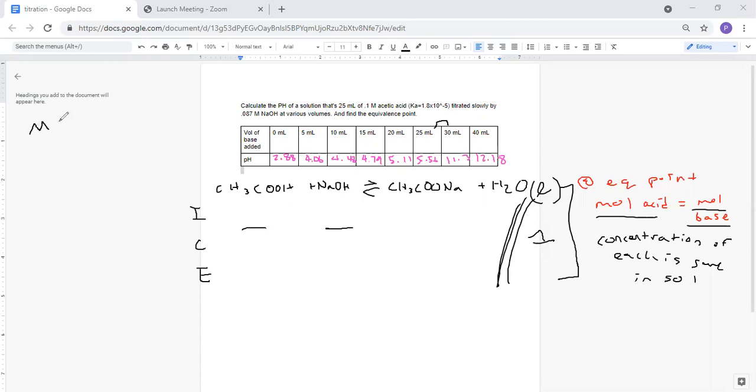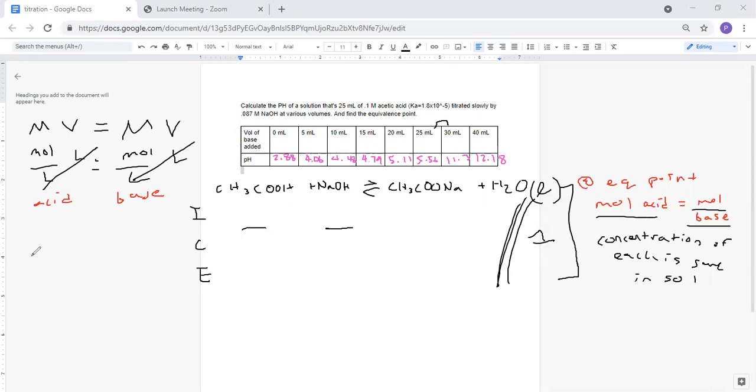If you know, molarity is moles over liters, and volume is liters, or it could be milliliters, however. These cancel out and give us moles. So if we do the molarity times volume of acid, set equal to the molarity times volume of the base, the base's molarity, which is also moles over liters, cancels with its volume, and we have moles equal to moles.